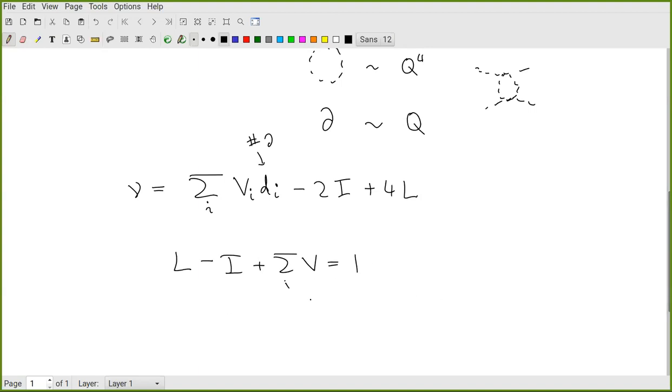But if we insert this relation into this formula for nu, we can eliminate this dependence on the number of internal lines, and then we find that nu is just given as the sum over i of V_i (d_i - 2) plus 2L plus 2.